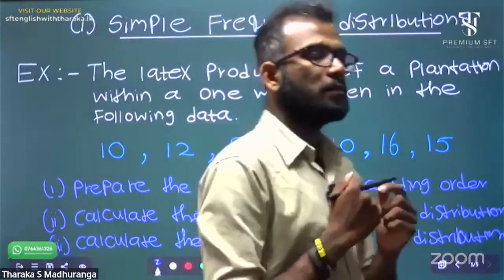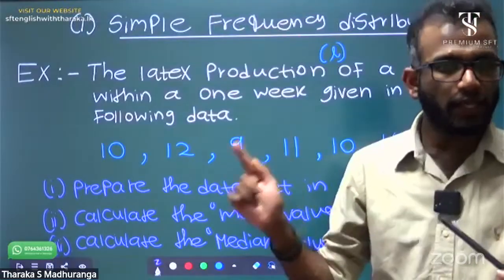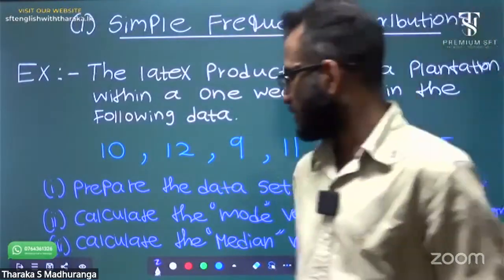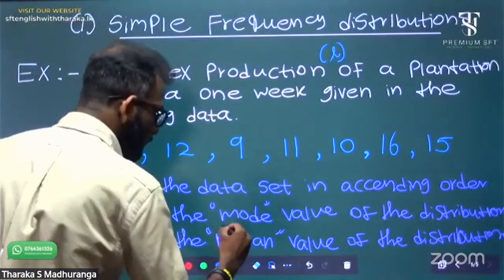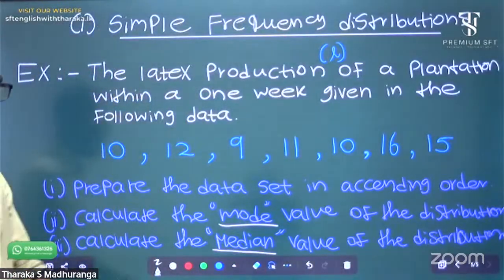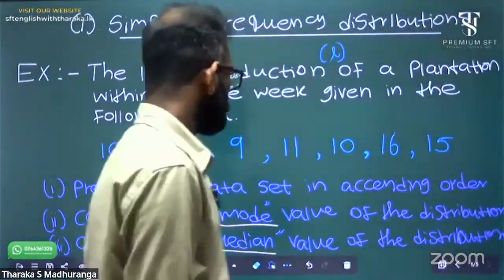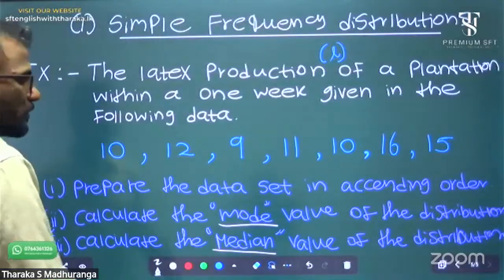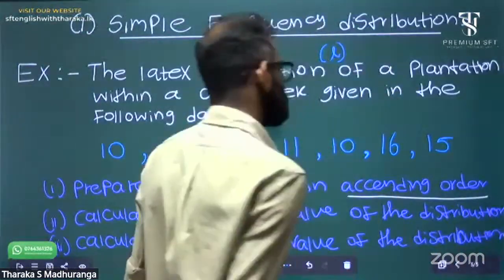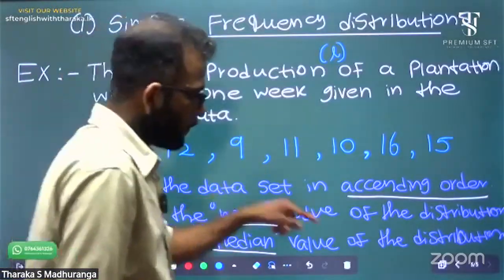Median, not medium, median, M-E-D-I-A-N. Please familiarize yourselves with these words now: mode, median. Okay, I will explain one by one, don't worry. Still you don't know, no problem. Ascending order. Okay, they are important words.